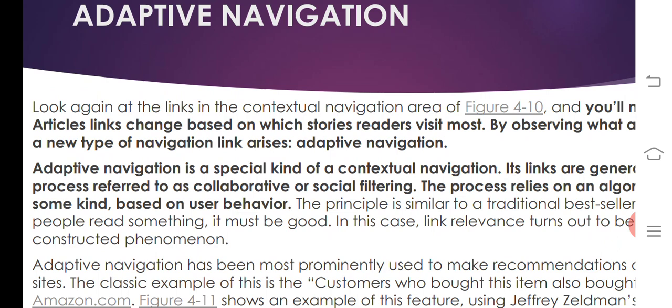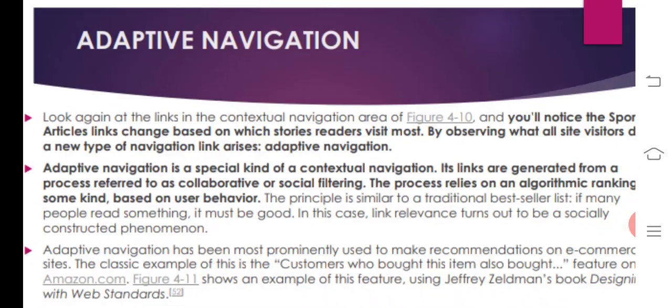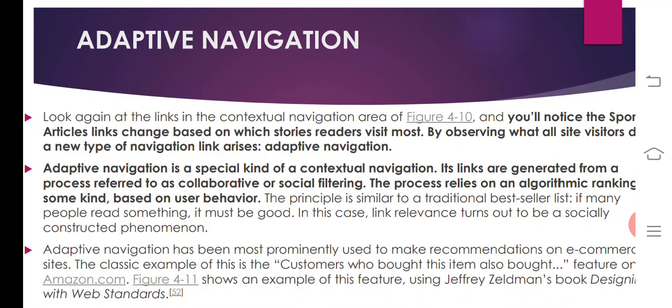These links are generally produced by a process referred to as collaborative or social filtering, and the process relies on algorithmic ranking based on user behavior. Here adaptive navigation has been most prominently used to make recommendations on e-commerce.